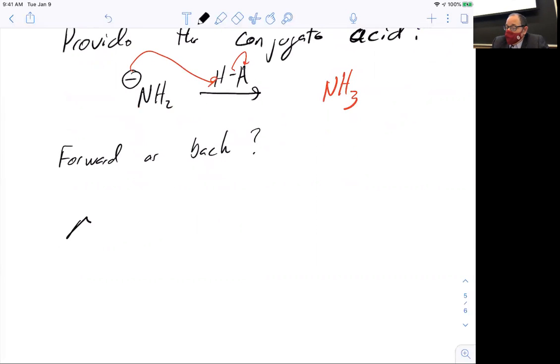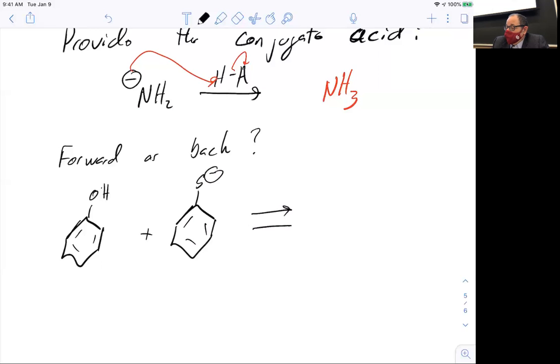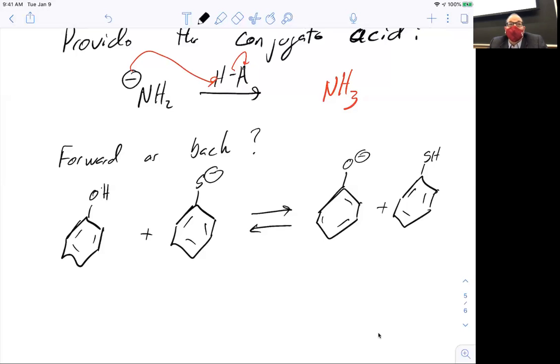Okay, here, let's look at this reaction. Does the reaction proceed in the forward direction or the reverse direction?